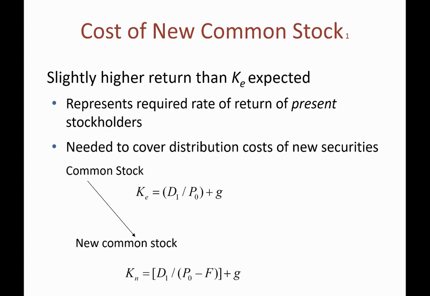So again, we just pick up the same formula as we know from a previous chapter. In the previous chapter, to determine our P naught, the current price of the stock, we took the dividend paid in year one divided by the required rate of return on the stock minus the growth rate. And that's what we did.